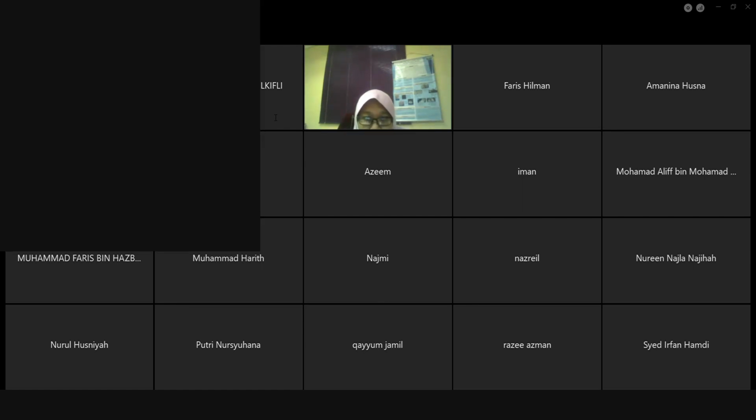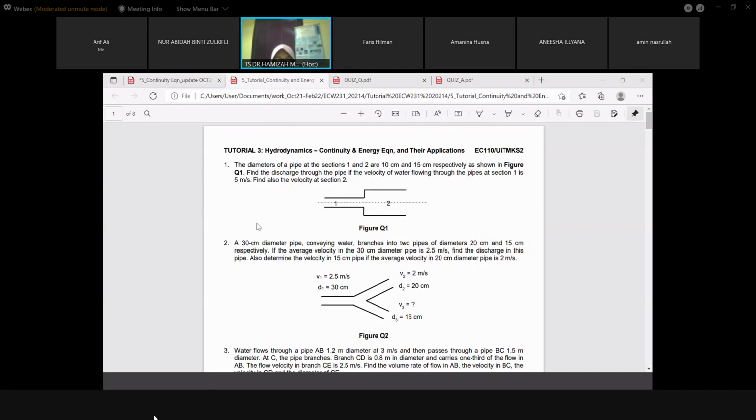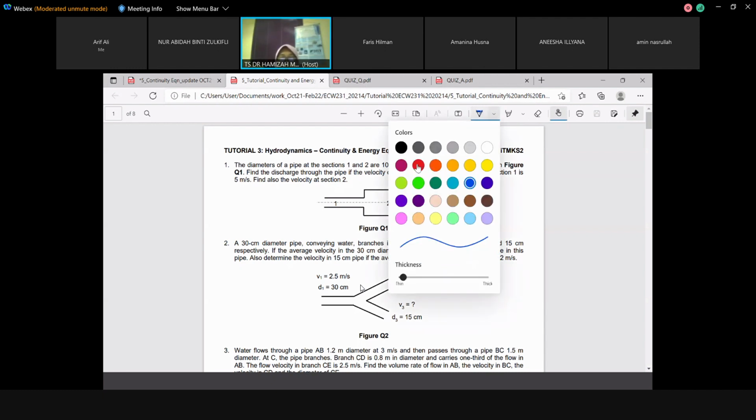Application ni melibatkan measurement using instrument, using device. So untuk device ni you akan belajar pitot tube, meter, orifice, later. Okay, let's try this one together. You have your calculator with you kan? So try soalan 1 ni.